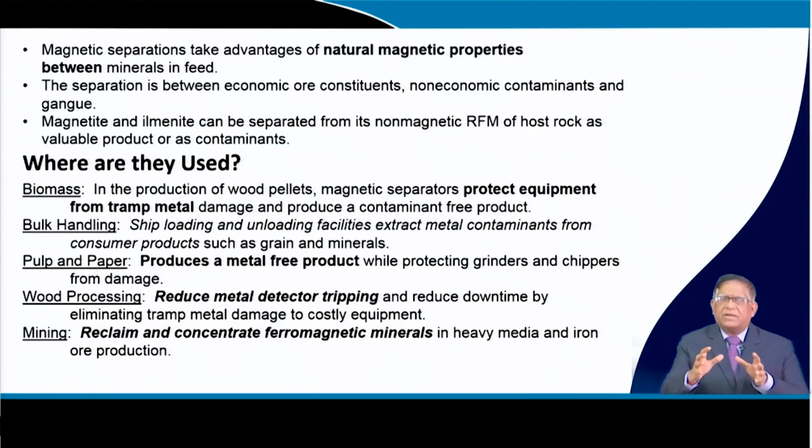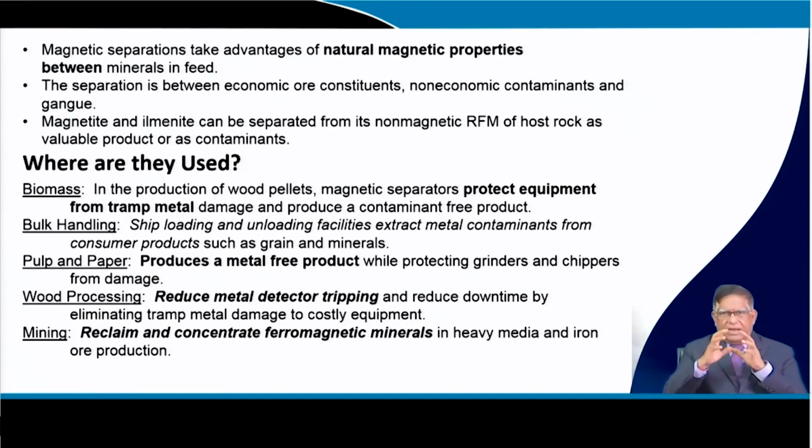Now, this magnetic separation is not only used in mineral processing, where you are handling bulk material as ore, but in other sectors also, such as biomass, where you produce wood pellets, crush wood, and have wood processing units for making particle boards and things like that. There are a lot of conveyor belts there carrying crushed wood pulp and wood powders.